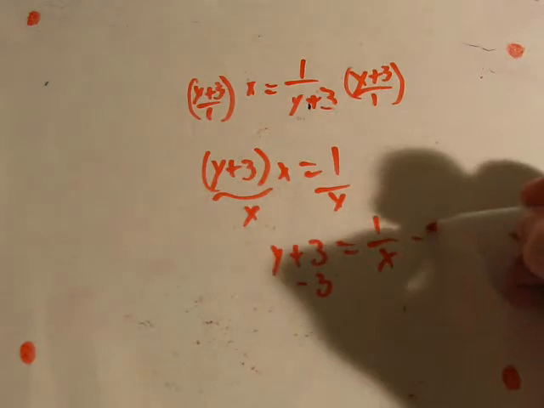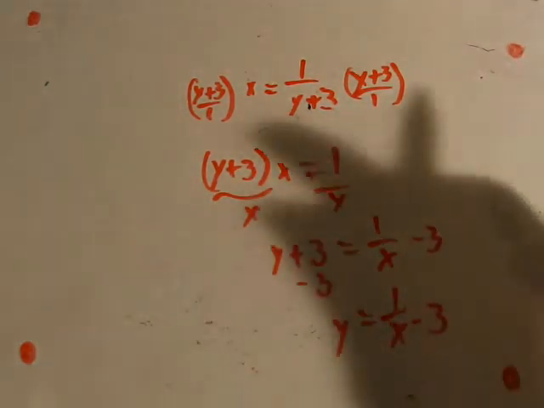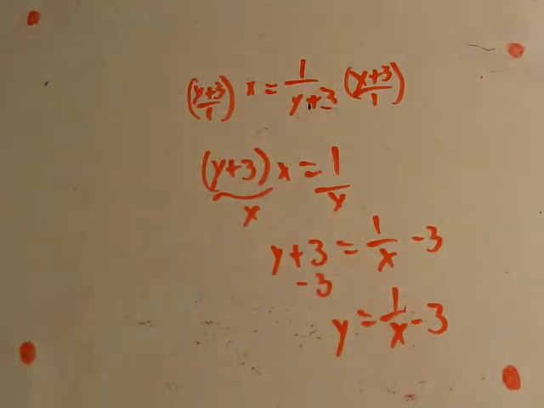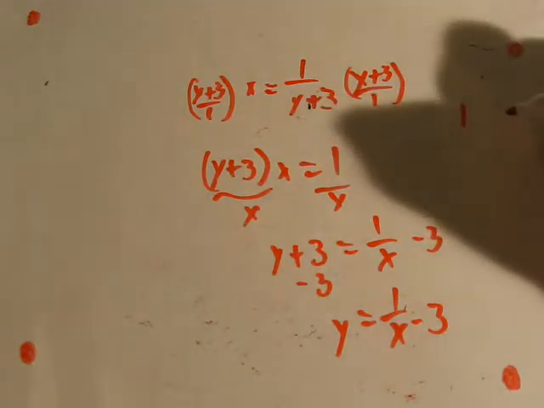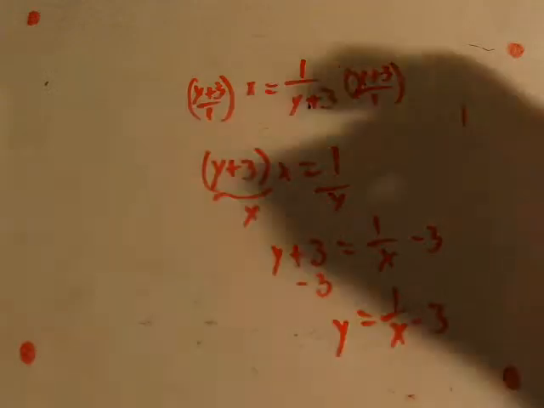Subtract 3, y is equal to 1 over x minus 3. So this means that if we had an x value of 1, in the original problem, it would be 1 over 1 plus 3. 1 over 4, or 0.25.